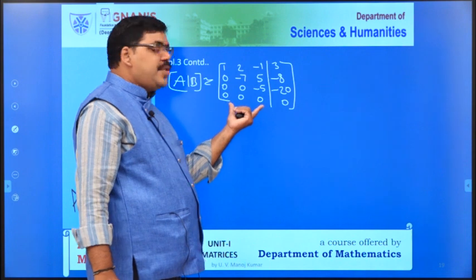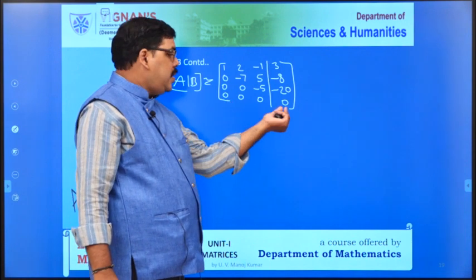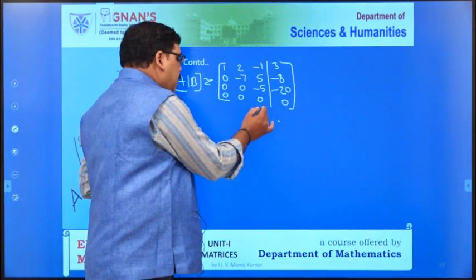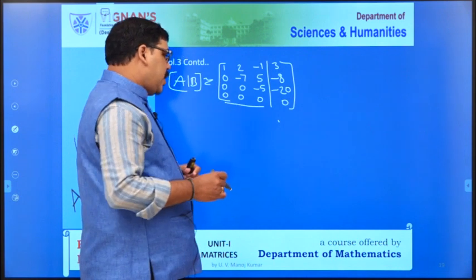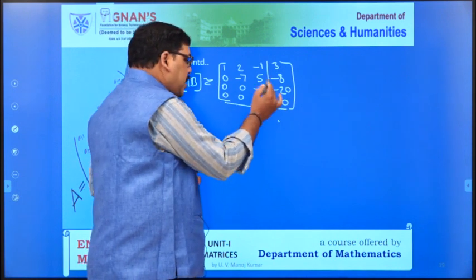These three columns constitute matrix A and this is the constant matrix B.